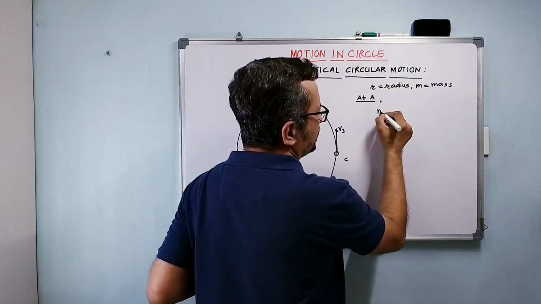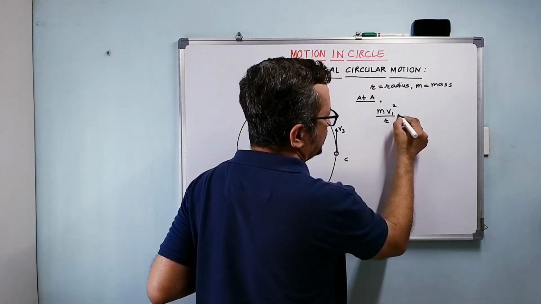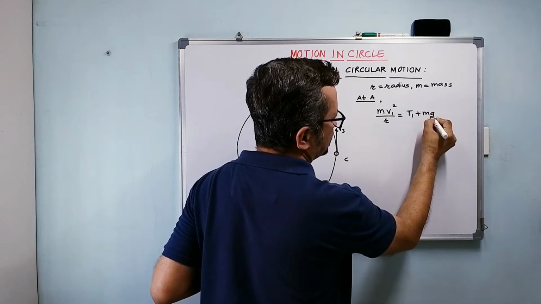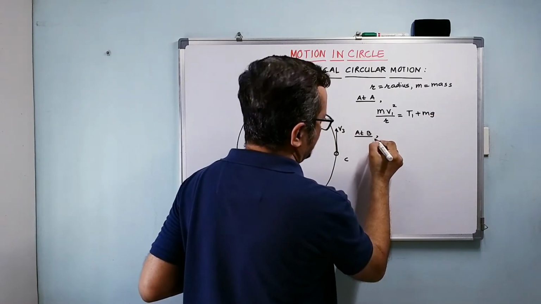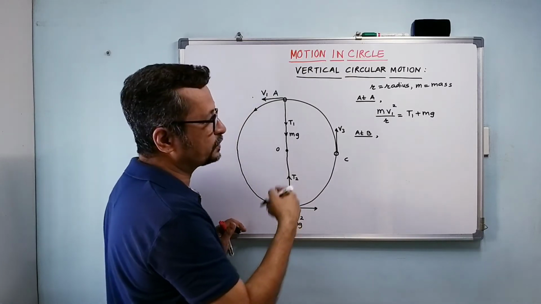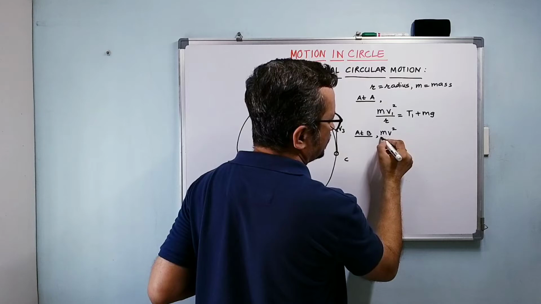So mv1 square upon r is going to be equal to T1 plus mg. At B, tension minus mg is going to be equal to mv2 square upon r.